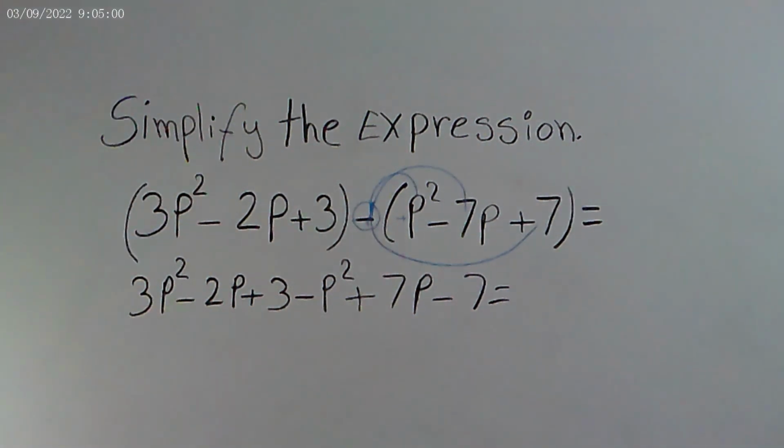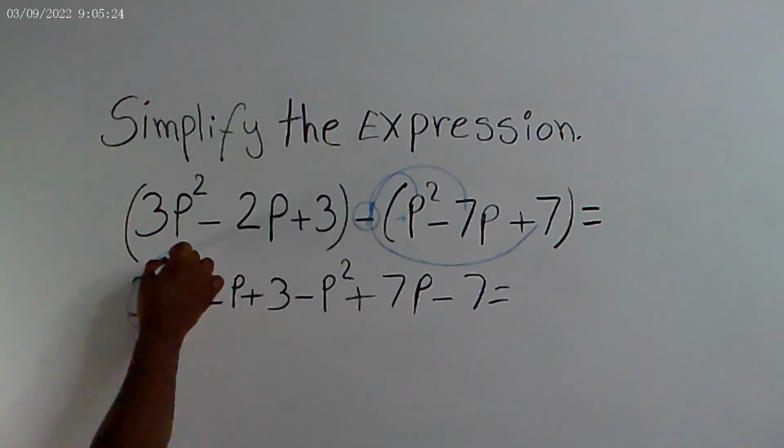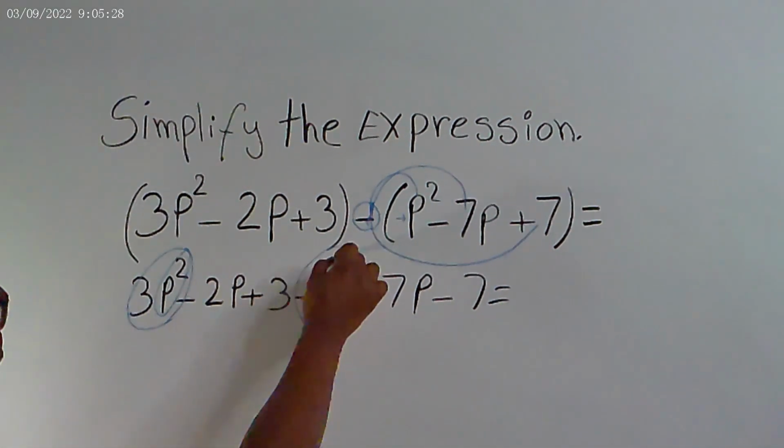So now you're going to collect the terms. You look at this line and see which terms have the same exponent or the same variable. So right here you have a p squared, and here you have a p squared.